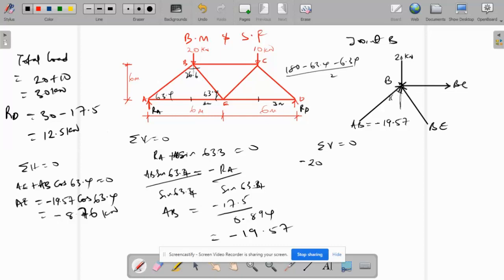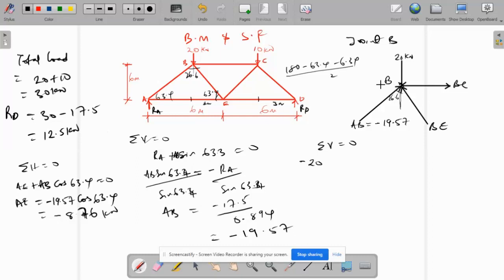So here is 26.6. We try to resolve this. If we are resolving vertically, it is cos, and if we are resolving horizontally, it is sine.